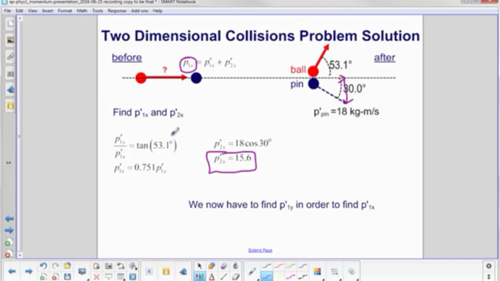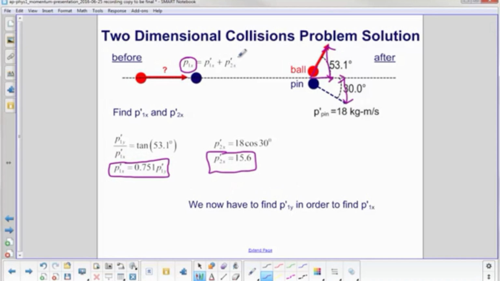Now, to find p1 prime x up here, we don't have a hypotenuse. All we have is an angle. So what we can do is take this right triangle, and the tangent of the angle 53.1 is equal to the opposite side, which is p prime 1y, divided by the adjacent p prime 1x, and we wind up with p prime 1x is 0.751 p prime 1y.